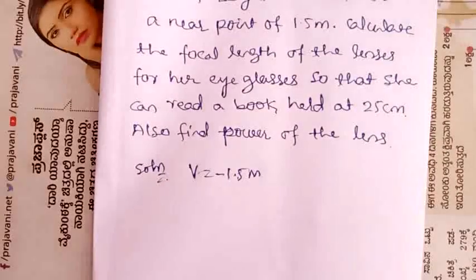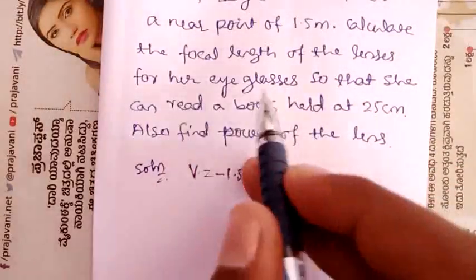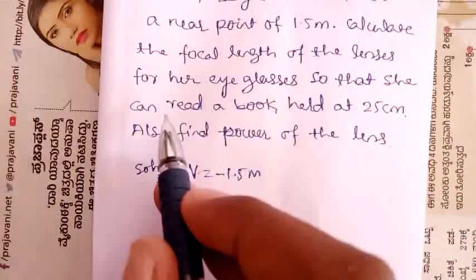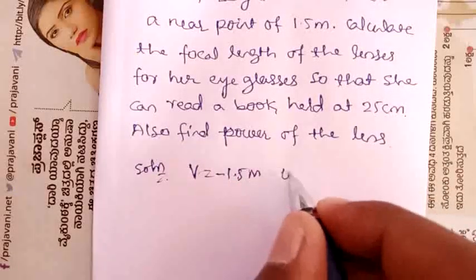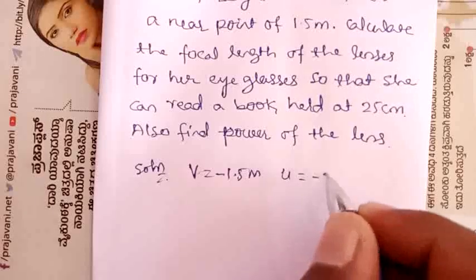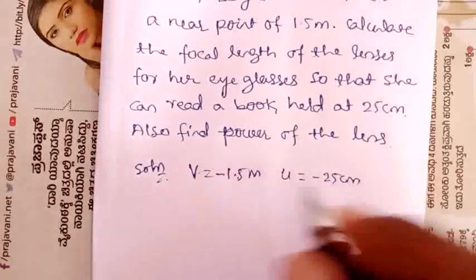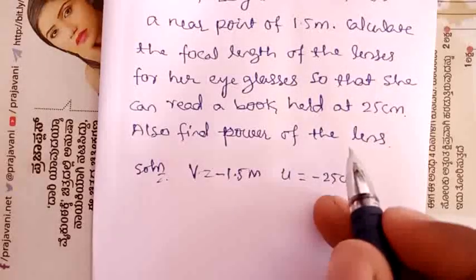Then calculate the focal length of the lenses for her eyeglasses so that she can read a book held at 25 centimeter. Means object distance can be given minus of 25 centimeter. Then also find the power of the lens now.